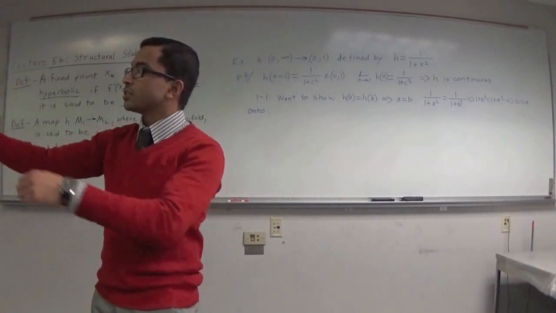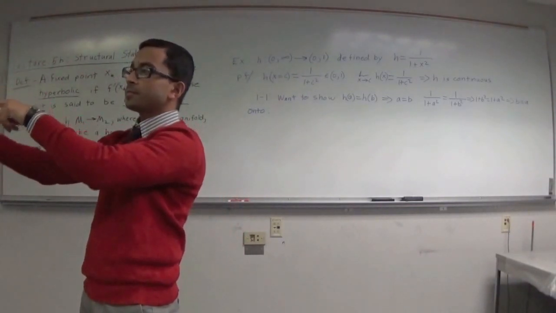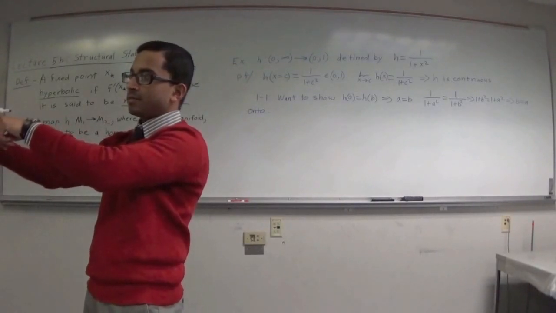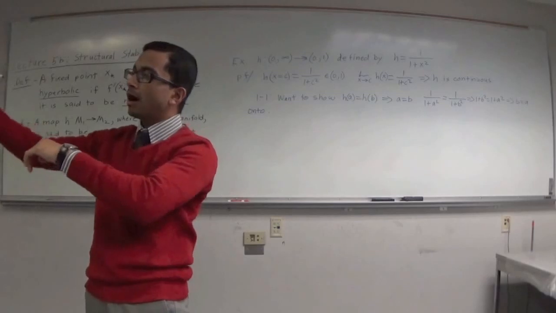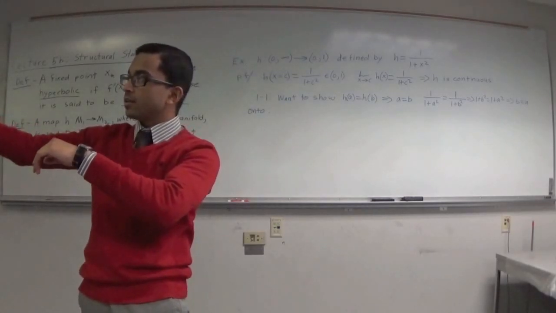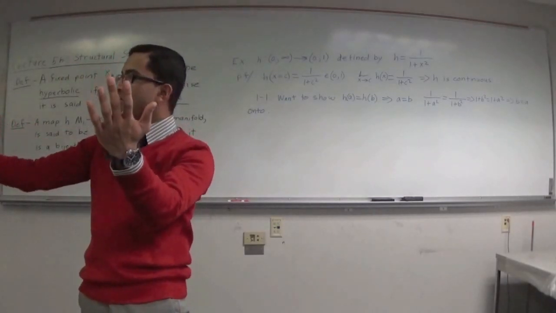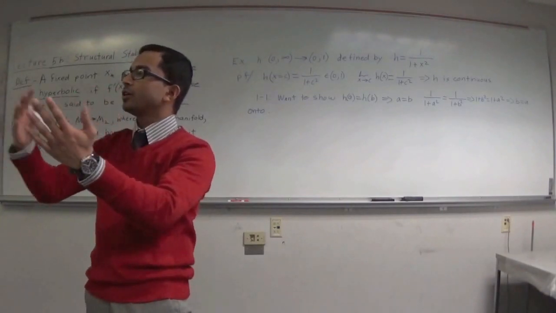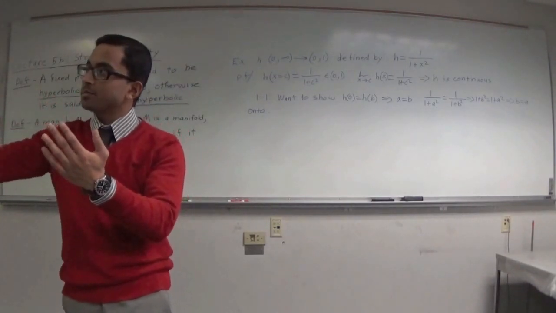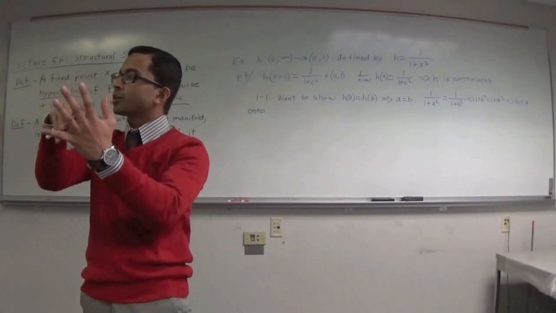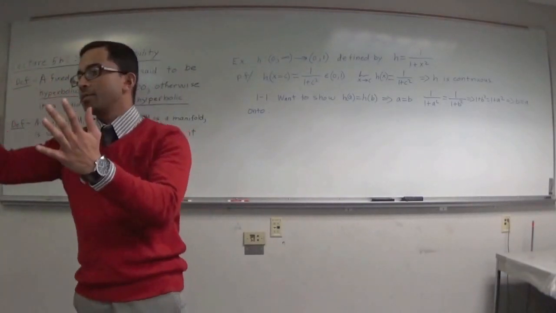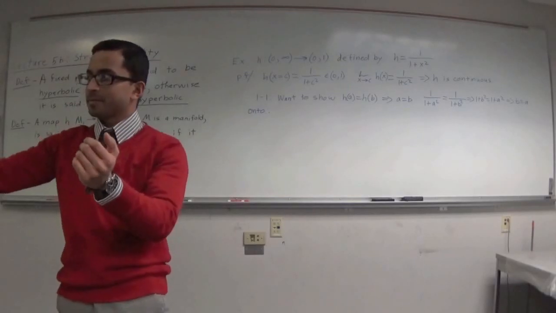So how about we do this? For all y on this set, we can find a point on this set, right? So that would show that it maps to every point on this set. We don't know how many points are coming from here, but it's going to be mapped to every point on this set, right?